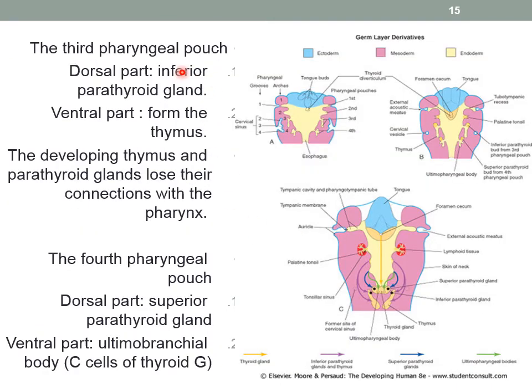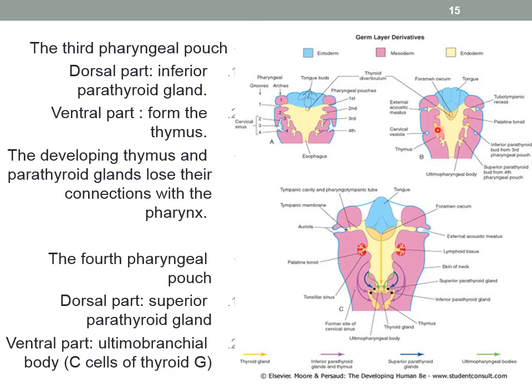The third pharyngeal pouch, what does it give? The first, we said, gives the tympanic cavity, the mastoid antrum, and the auditory tube. The second gives the tonsillar fossa and the palatine tonsil.